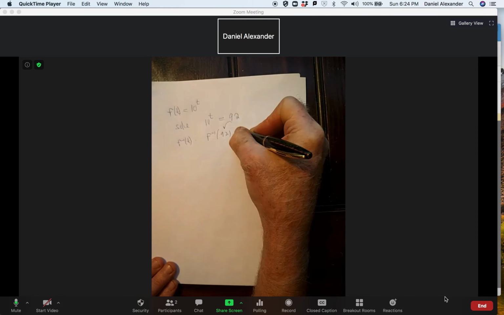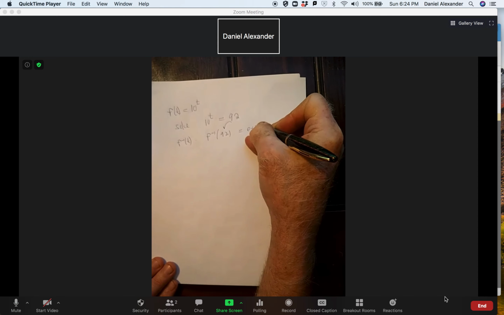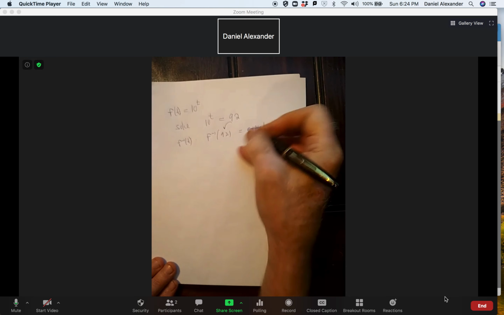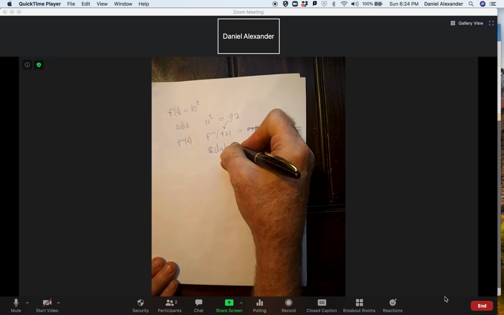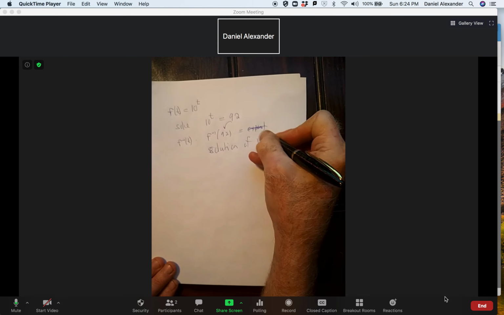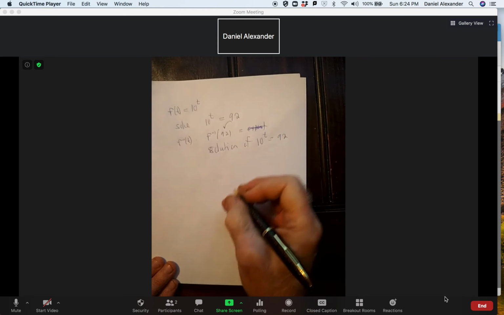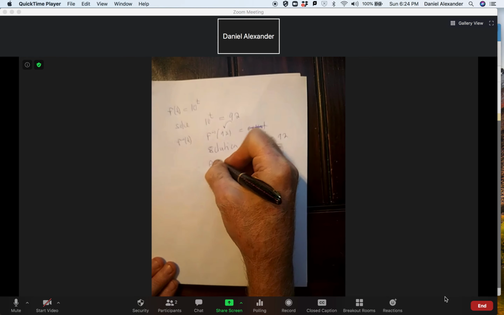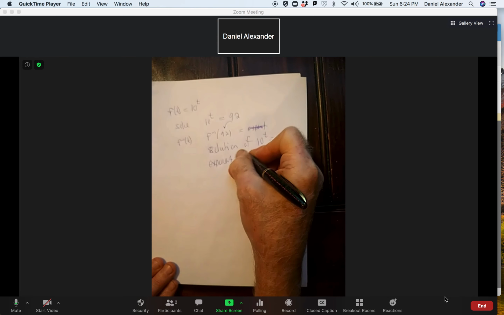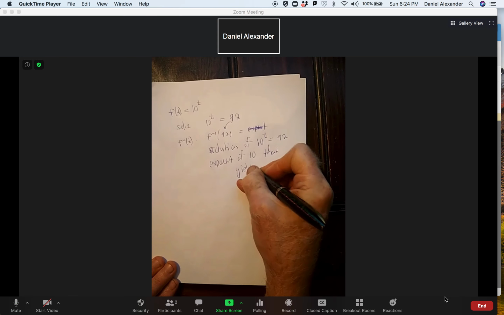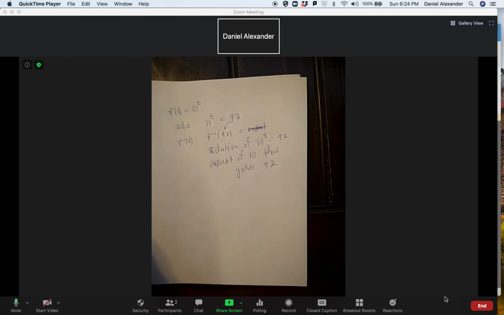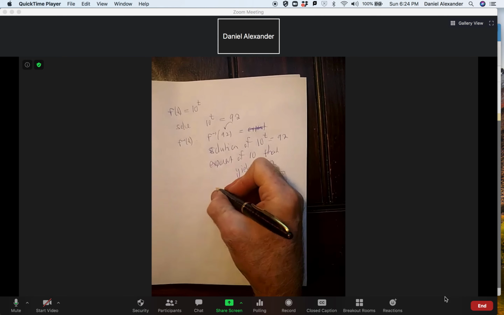That's going to be equal to the exponent, the solution of 10 to the t equals 92. In other words, it's the exponent of 10 that yields 92. And later on, we'll see why that is. That's going to be t.